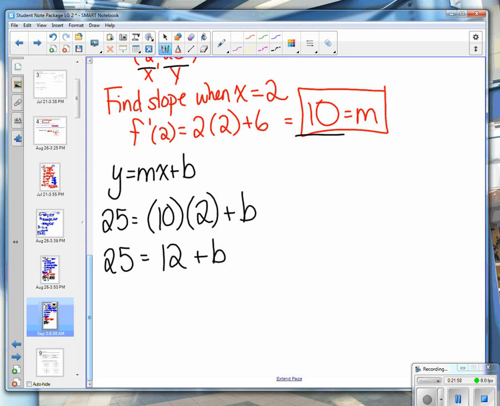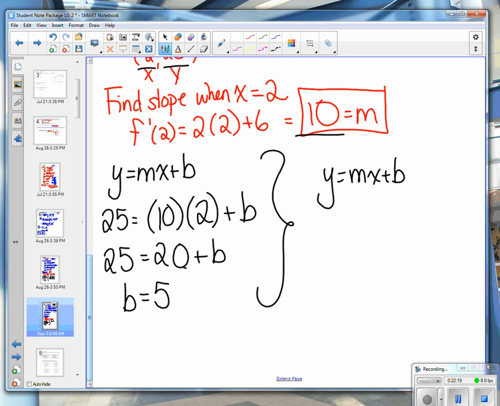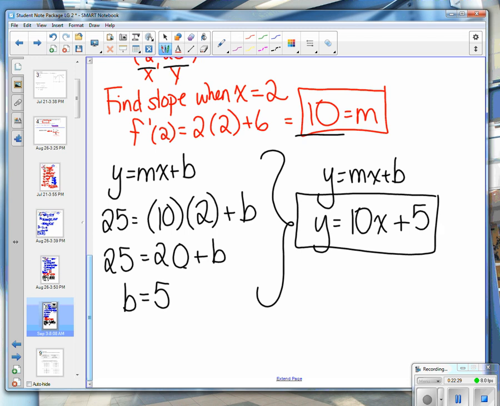So B is going to be equal to, 10 times 2 is 20, and then we're going to subtract 20 from both sides, so B is going to be equal to 5. And then we can combine all of that into our equation. So I've got y equals mx plus b, so remember y and x stay as they are. 10 is my slope, and 5 is my y-intercept. This is going to require a lot of practice, guys.